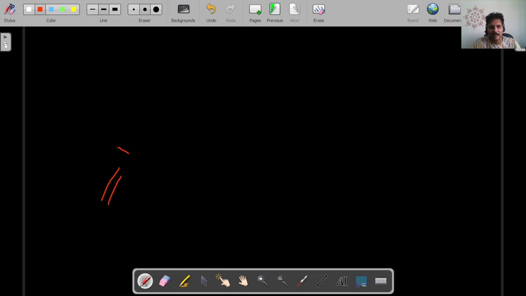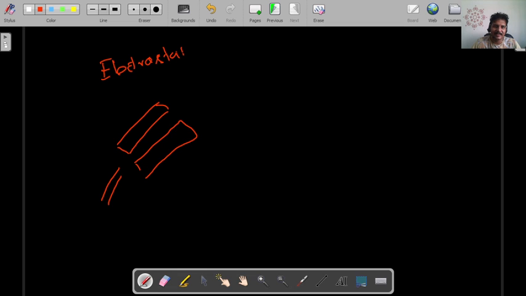Accelerated ions. Before you accelerate them, you pass them through an electrostatic analyzer. This electrostatic analyzer is like giving extra energy to your ions.